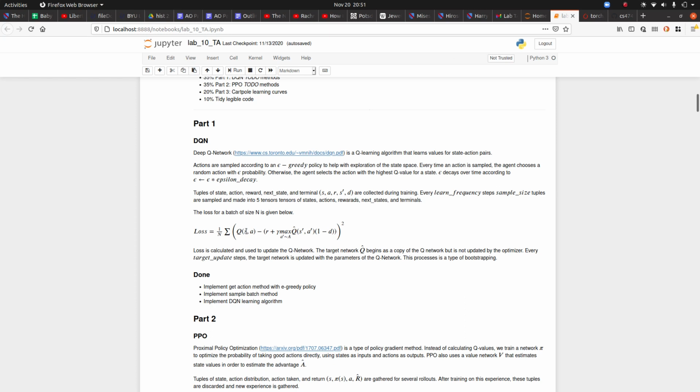Whereas Q, we're going to use that to update. Now this is a really important point. We are trying to get Q to predict your return.